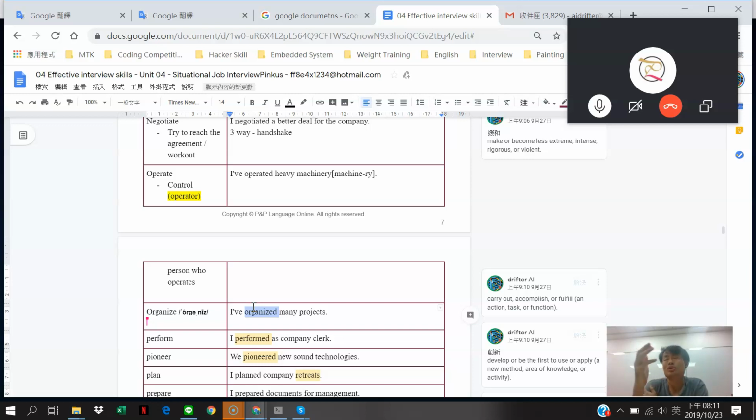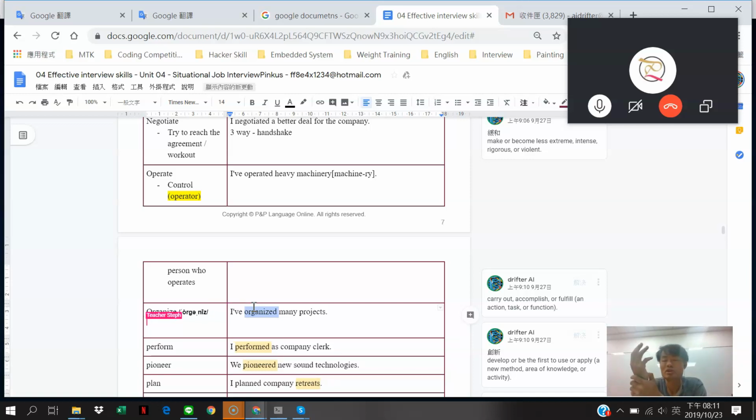Organize is like when you get something, maybe it's chaos, and you need to find a rule and maybe list the items. Step one do something, step two do something. It's like you collect or arrange, or collect the information to find the useful information.